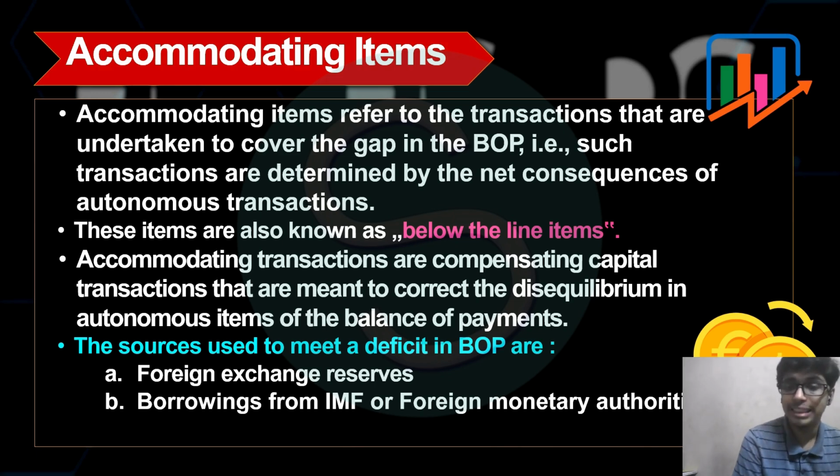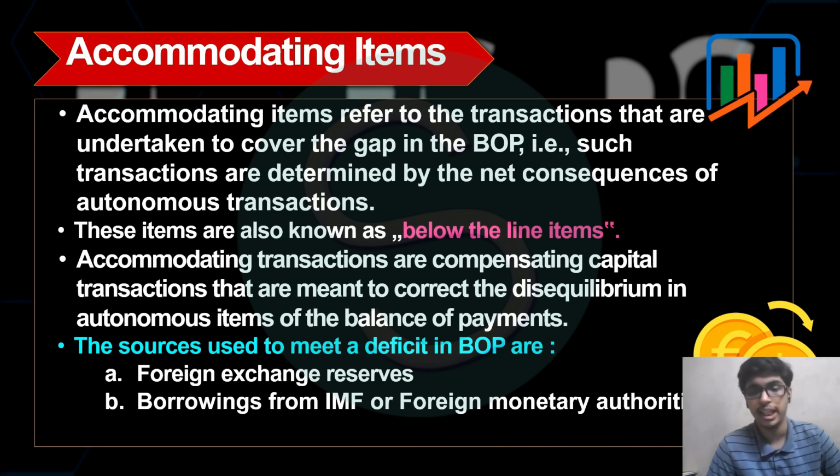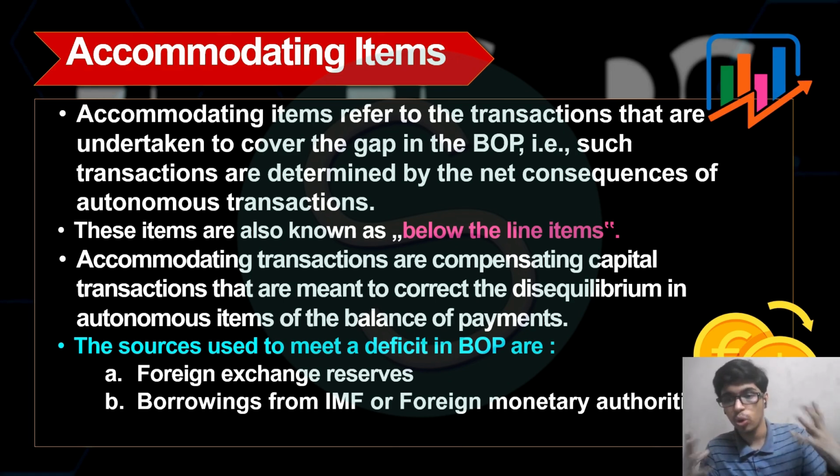Accommodating transactions are compensating capital transactions that are meant to correct the disequilibrium in the autonomous payments of balance of payment. As I've suggested, if it becomes unstable, if it becomes disequilibrium, these items will correct that situation. What are the sources to meet a deficit in BOP?